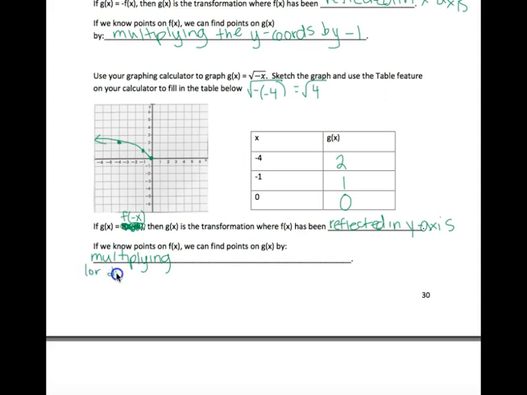In this case, it doesn't matter because multiplying or dividing by -1 give you the same result. So we would say x coordinates by -1.